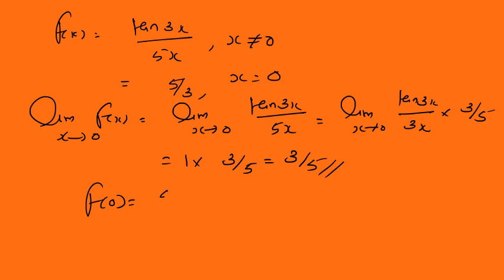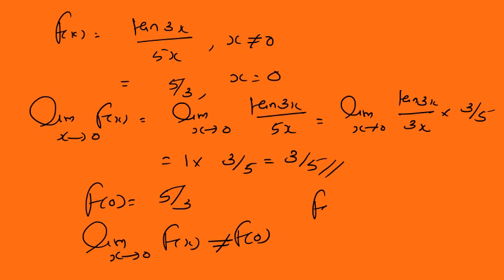F of 0 is 5 by 3. That is, limit x tends to 0 f of x is not equal to f of 0. Therefore, what can you say? F of x is discontinuous at x is equal to 0.